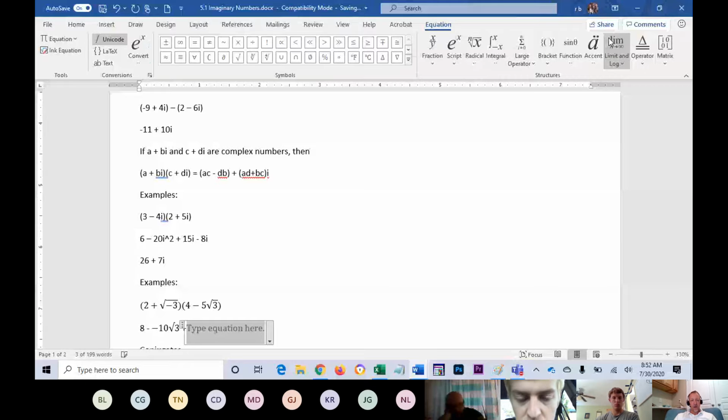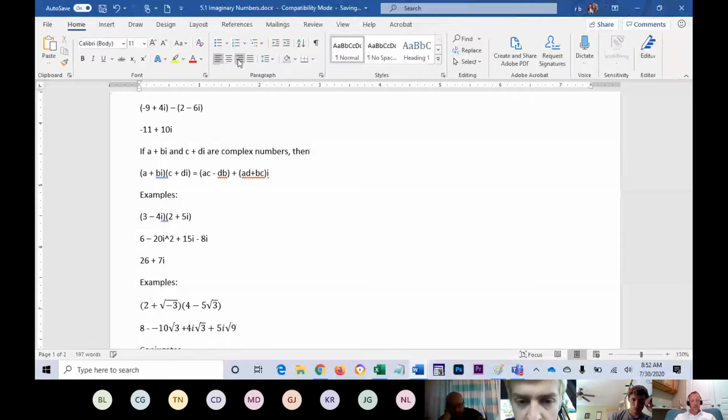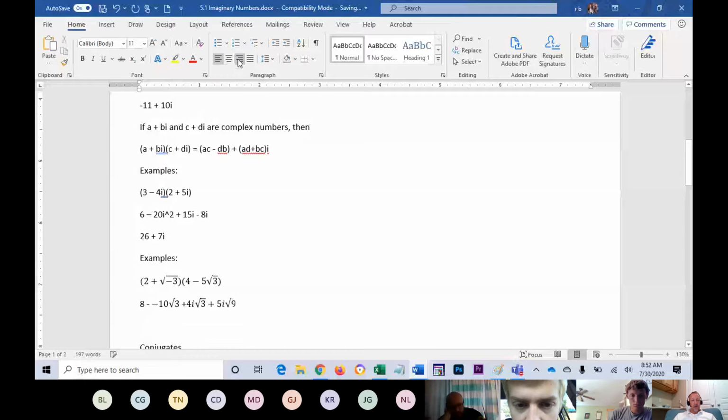And then plus 5i square roots of 9, which would end up being 15i, because the square root of 9 is 3, right? Okay, all right, so we can do some simplifying. So 3 times 5 is 15i. We got a 15i there on the end. And then you still have the 8 at the beginning.